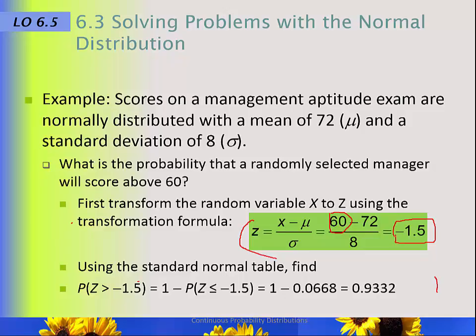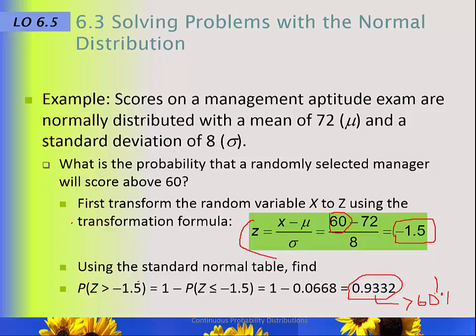So we're going to take our 1.5 and go look at our table, which we can find in Appendix 1. We look up negative 1.5, and we find that the value is 0.066 on our table, but because it's negative, we have to subtract 1 minus that, and so we have a 93% chance that a manager would score greater than a 60 on the test.